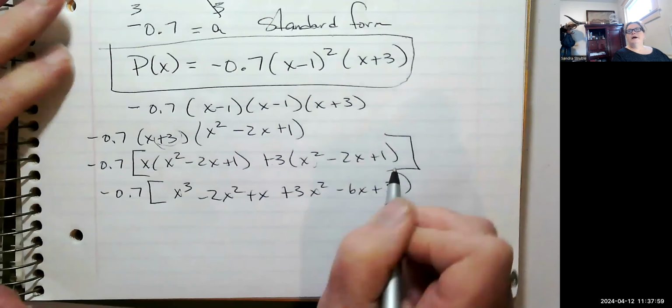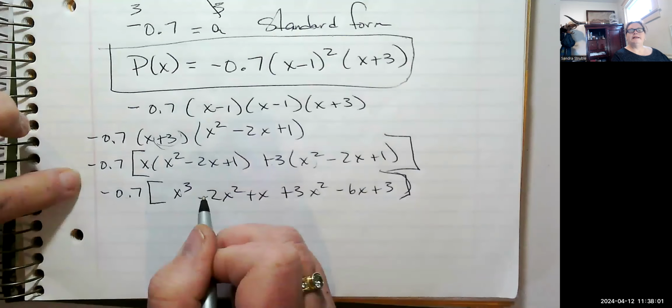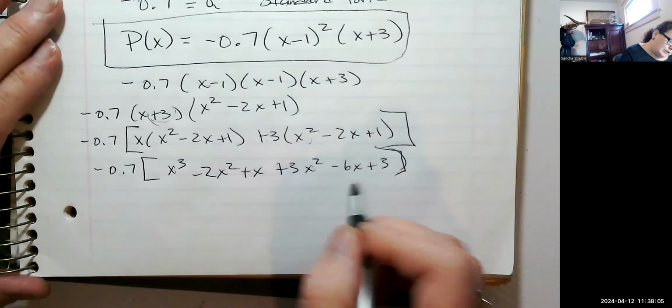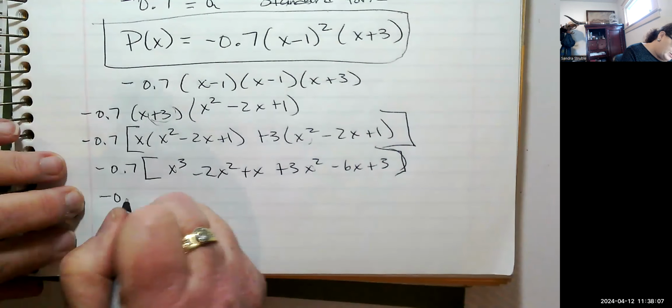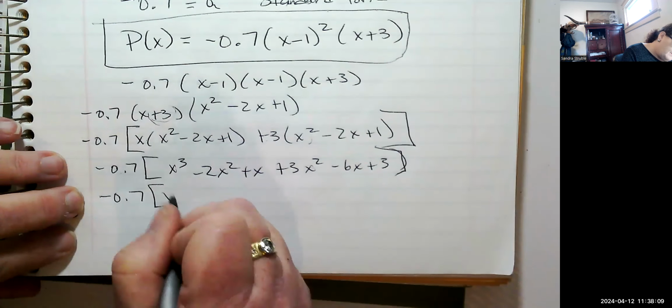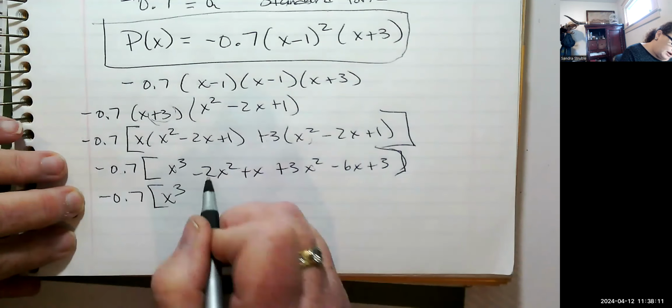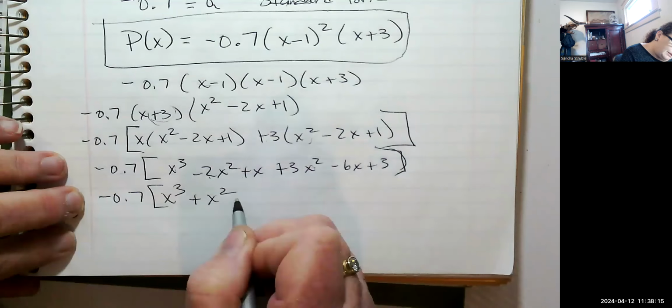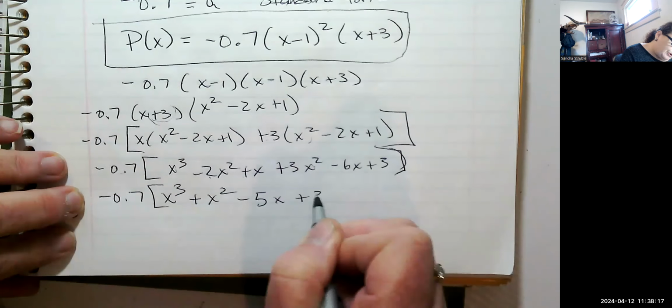Okay, now I can just distribute that -0.7 over the whole thing. Actually, I should clean up first. Let's clean house. Hold on, negative 0.7. I don't want to have to do more work. X cubed, these become plus x squared, negative 5x plus 3.